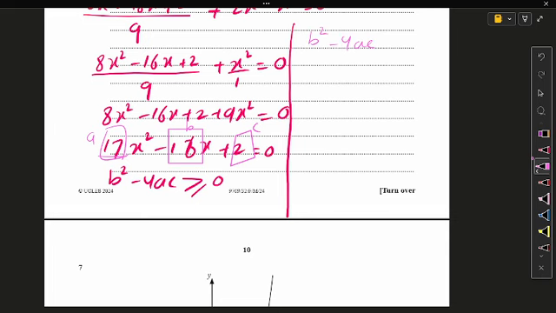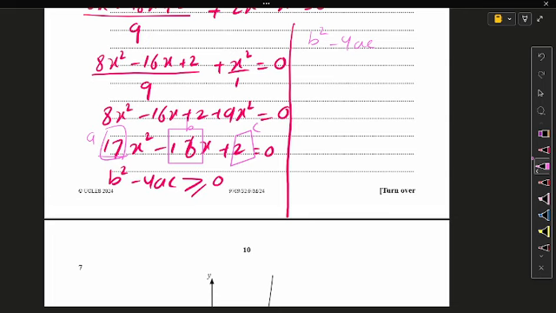b square is 16 square, and 4ac is 4 times 17 times 2. Once you get b square minus 4ac, let me check on my calculator.